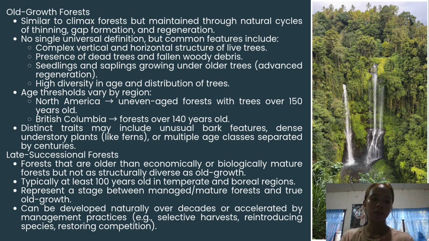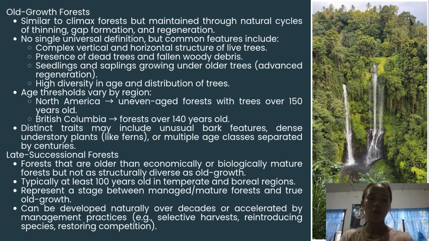For example, in North America, they often contain trees over 150 years old, while in British Columbia, the threshold is around 140 years. Distinct traits such as unusual bark, dense understory plants like ferns, or multiple age classes separated by centuries also mark old growth conditions.